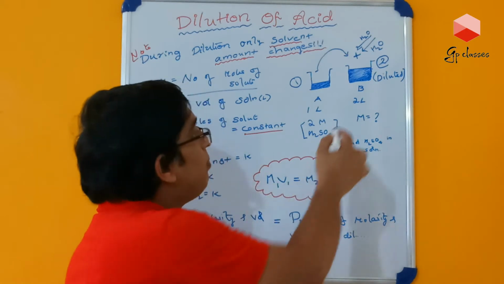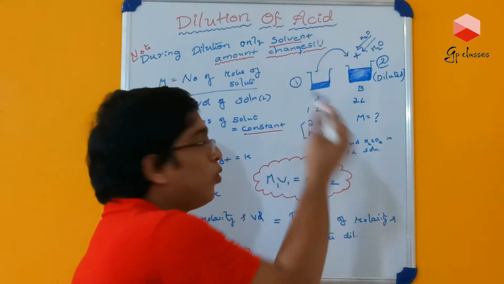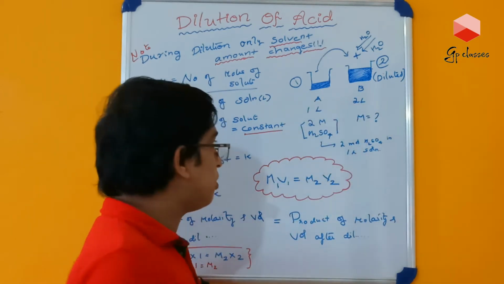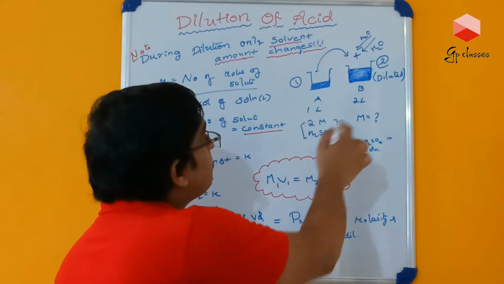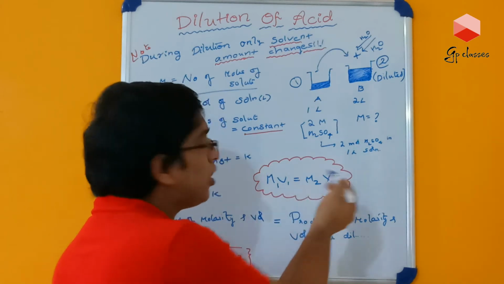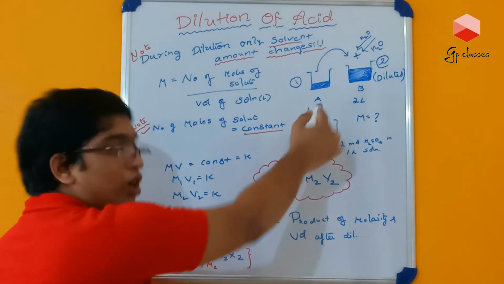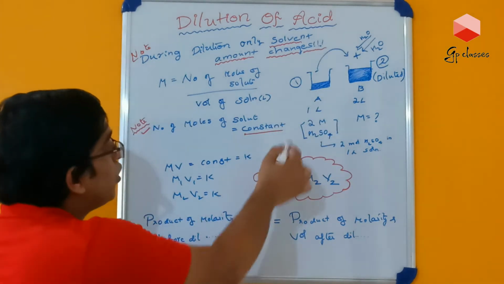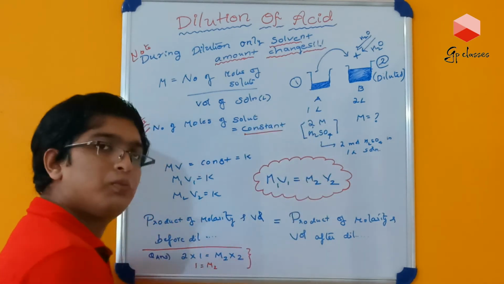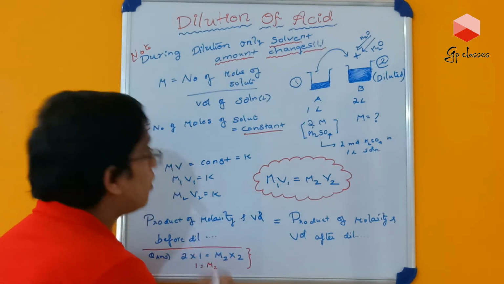So now what will be the molarity? Initially when it was 1 liter of solution, molarity was 2 molar, and when it becomes 2 liters, what will be the molarity? That is the question to us. This problem can be done with the basic equation M1V1 = M2V2. M1 is the molarity of the initial solution, which is 2, into the initial volume V1, that is 1 liter, which is equal to M2.